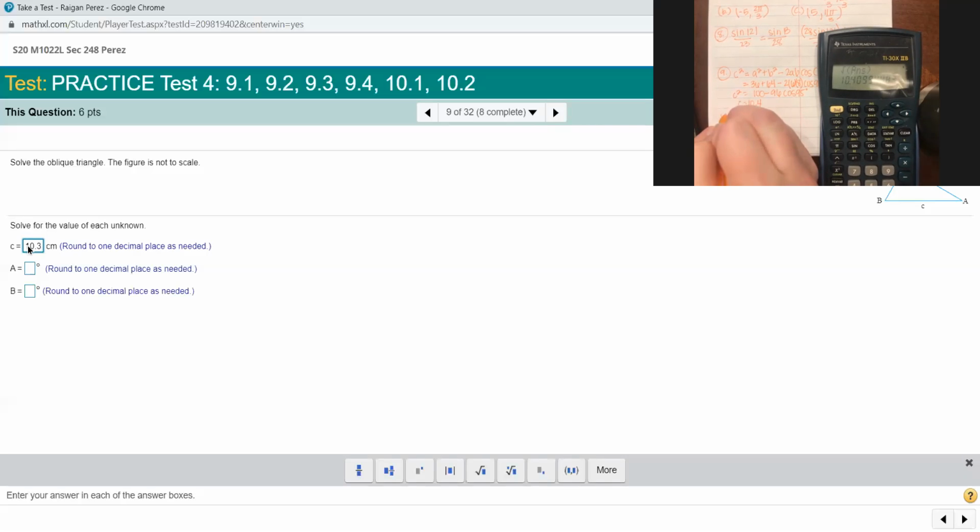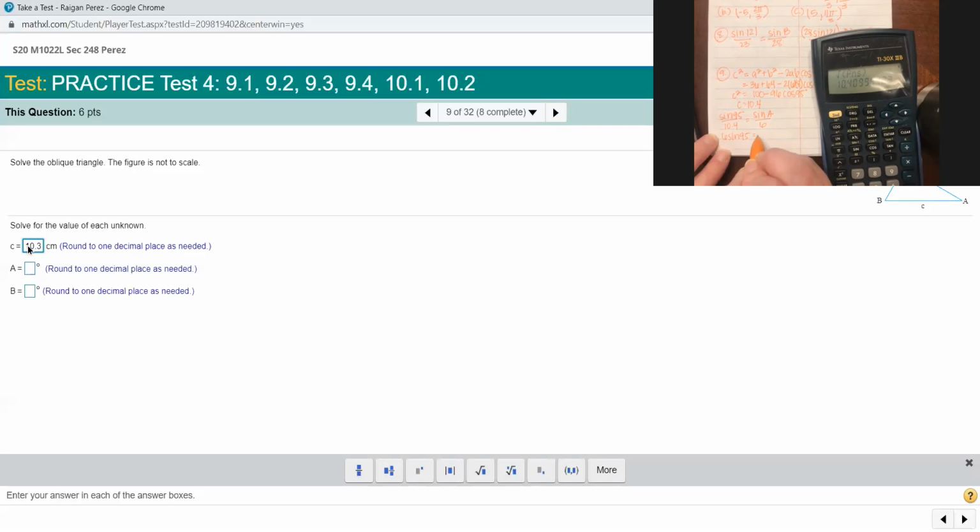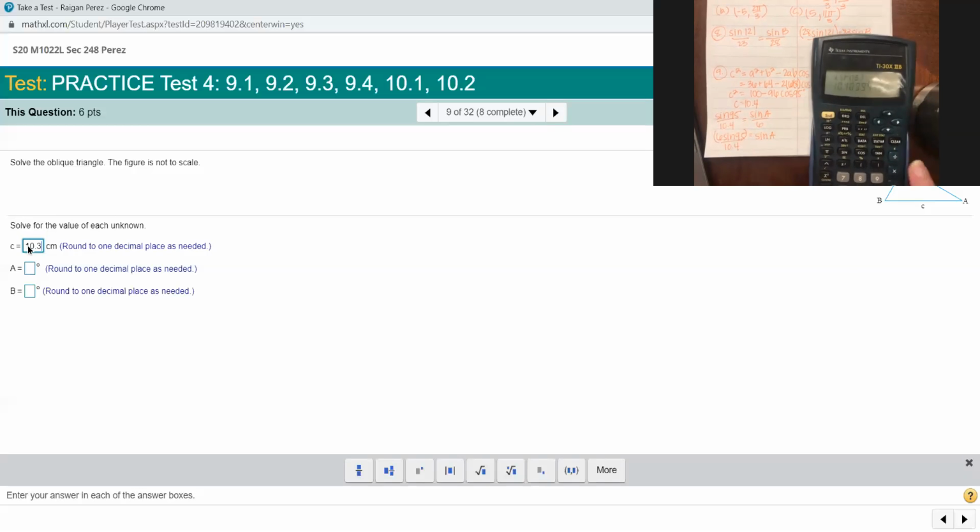So I have sine of 95 over 10.4 is equal to sine of A over 6. So 6 times sine of 95 is equal to, I'm just going to go ahead and divide. I'm pretty sure you'll know how to do the algebra. 10.4 sine of A. Okay, so in the calculator, you're putting it in to sine inverse.